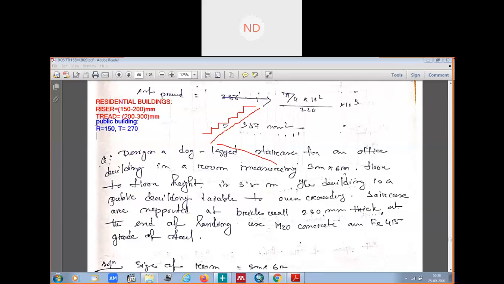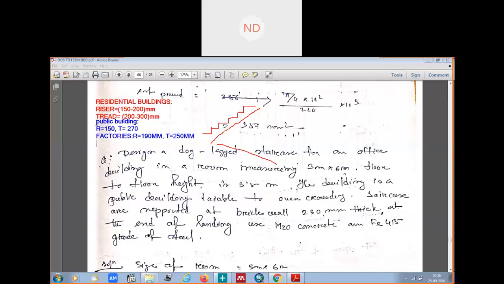Then for factories, where there are lots of heavy works and you have to carry huge machines or any kind of heavy loads, where there are busy schedules, there we take our riser to be 190 mm and treads to be 250 mm.